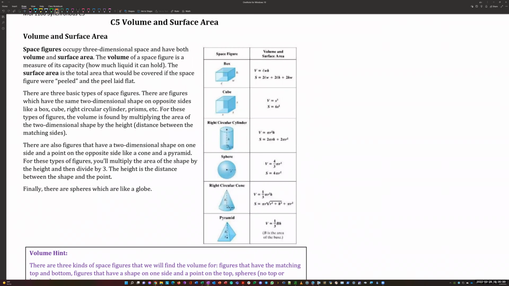Space figures occupy three-dimensional space and have both volume and surface area. The volume of a space figure is the measure of its capacity, or how much liquid it would be able to hold. The surface area is the total area that would be covered if the space figure were peeled and the peel laid flat. Another way to say it is how much wrapping paper you would need to cover the whole thing.